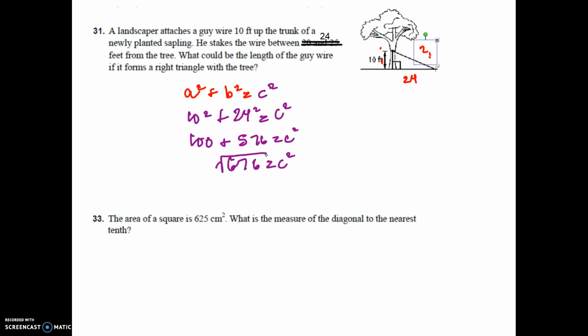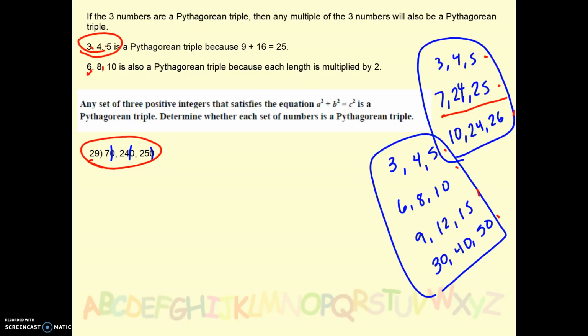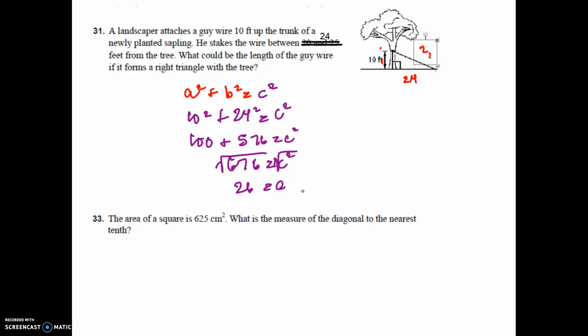And this tells us that c is 26. And actually, this is a triple. If you go back and look, we have 10, 24, 26 right there. If I had memorized it, I wouldn't even have had to plug it in. I would already have known that that was a triple. Try doing the next one.